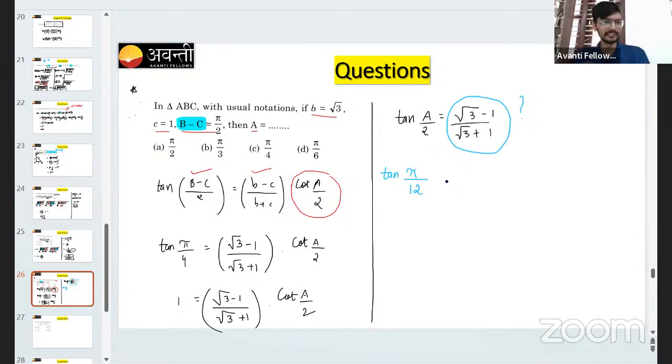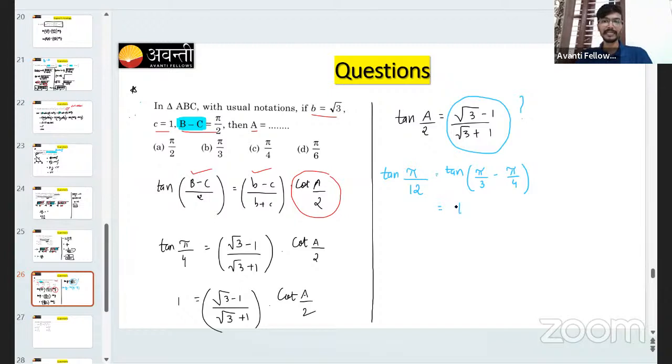It's a two-minute task, we'll see what tan pi by 12 is. 15 degree I can write as 45 degree minus 30 degree, or 60 minus 45. So I'll write 60 minus 45. What is tan (A minus B)?